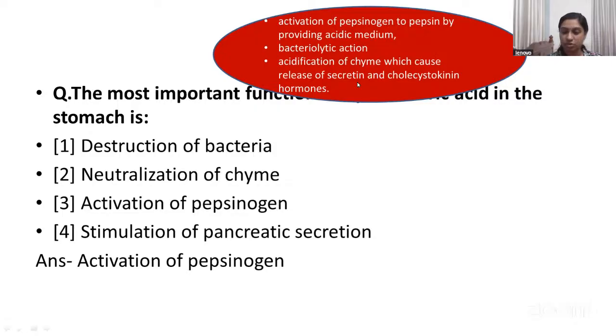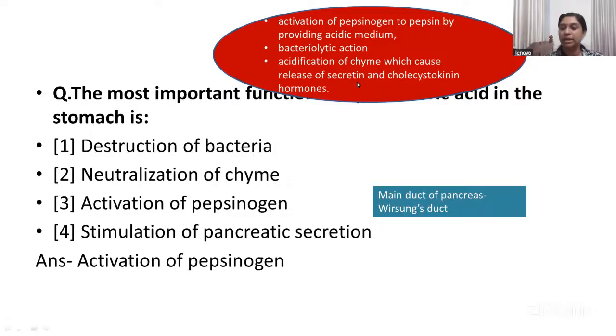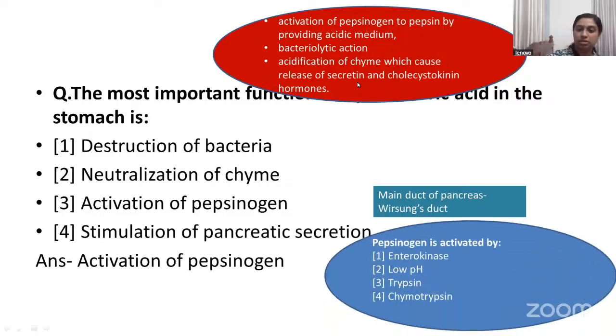When the chyme reaches the intestine after the digestion from the stomach, gastric secretion has to be stopped, so this secretin is secreted from the small intestine cells. The main duct of pancreas is also called Wirsung's duct.